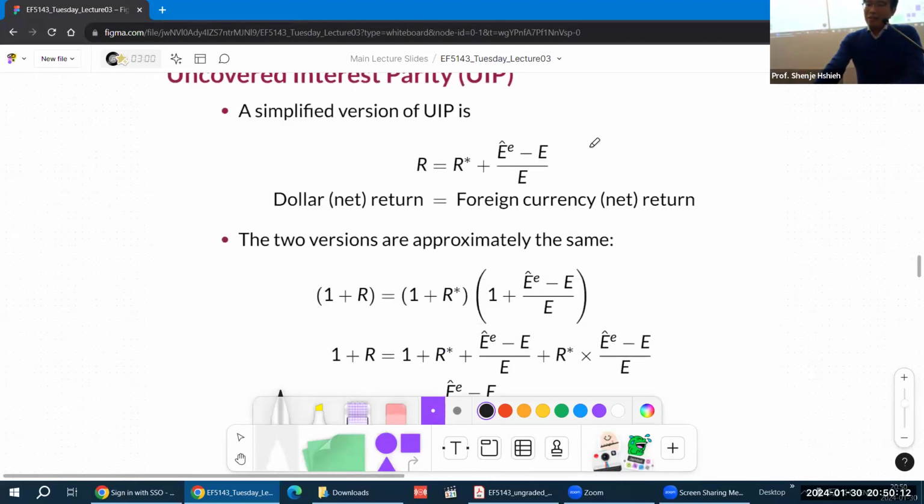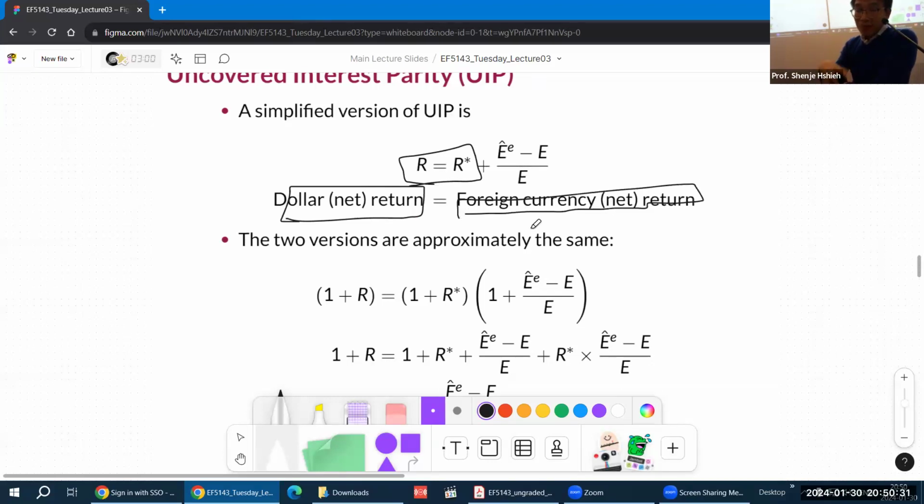Okay, so for the next part of this set of slides, I'm going to rely on the simplified version of UIP, which looks like this. Again, this is saying that the dollar net return that you get from bank deposits must equal the foreign currency net return in expectations, and the expectations come from the average return that you get from holding the foreign currency.